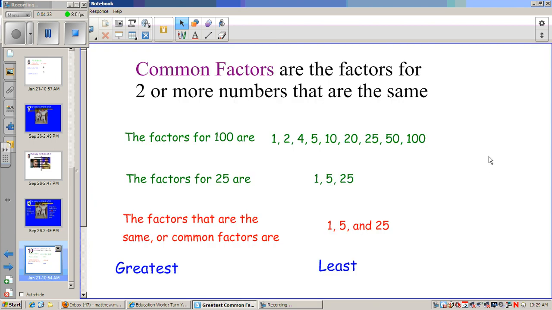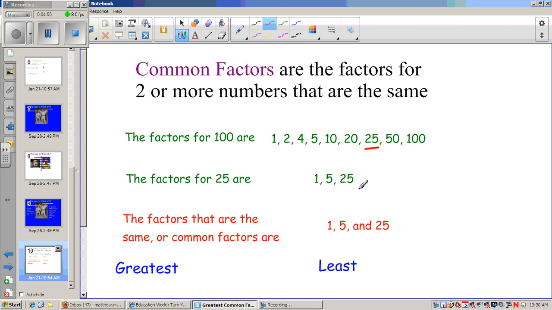So just a reminder, common factors are factors for two or more numbers that are the same. Again, we can look at an example like the number 100. We have a bunch of factors: 1, 2, 4, 5, 10, 20, 25, 50, 100. And the factors for the number 25 are 1, 5, and 25. Which ones do they share in common?